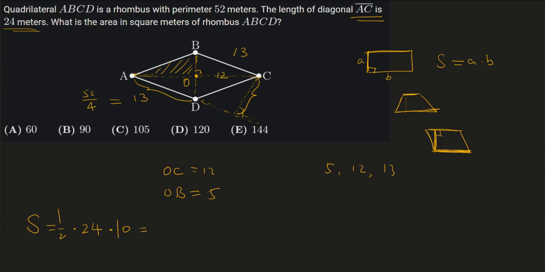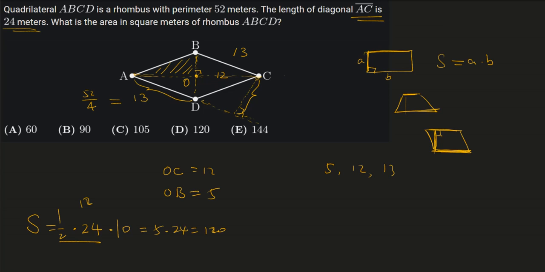So half of 10 is 5, times 24, that is 120. Or you can do it the other way: half of 24 gives you 12, 12 times 10, that's 120. That may be slightly faster.